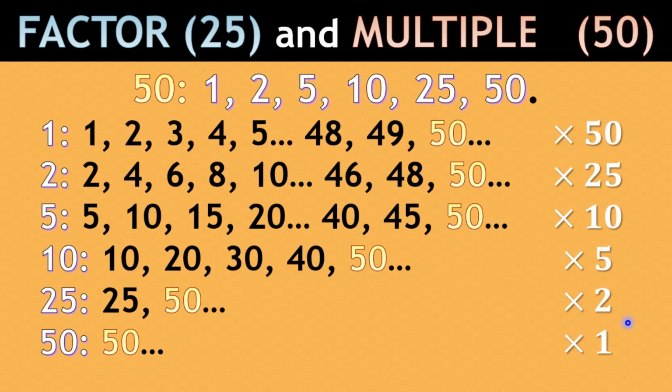This is why the 25th multiple of 2 is 50, and the second multiple of 25 is 50. 5 times 10 is 50, and 10 times 5 is 50. This is why the 5th multiple of 10 is 50, and the 10th multiple of 5 is 50.